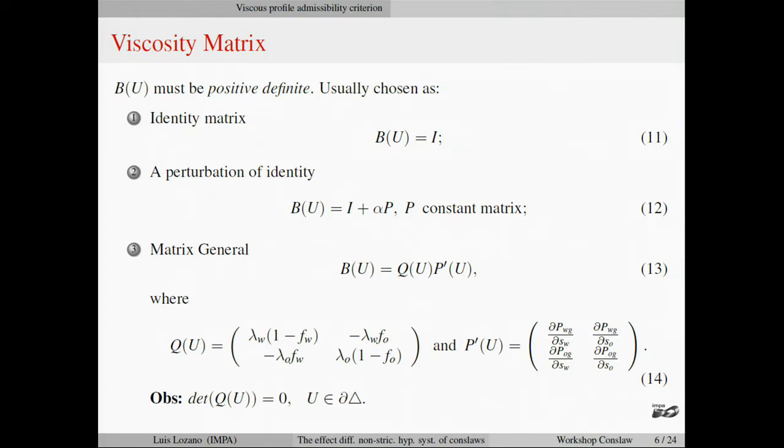For example, Ismael showed the function depending on the water saturation only, and we suppose that the pressure between oil and gas depends only on the gas.